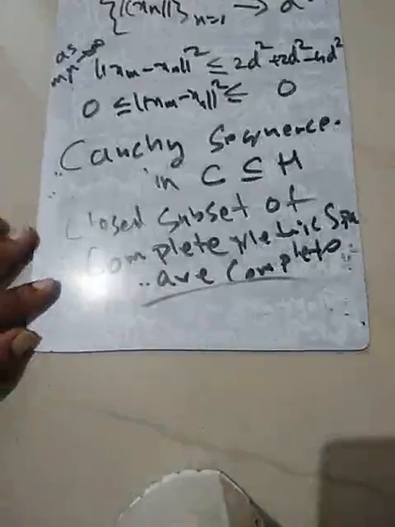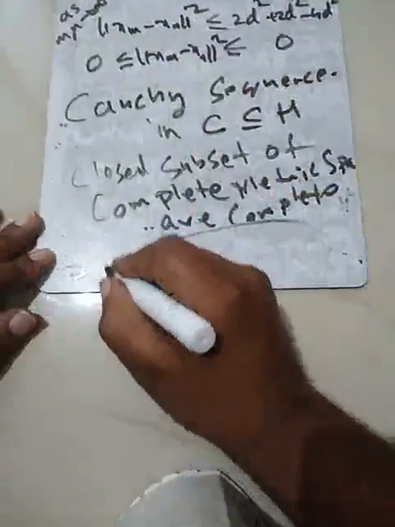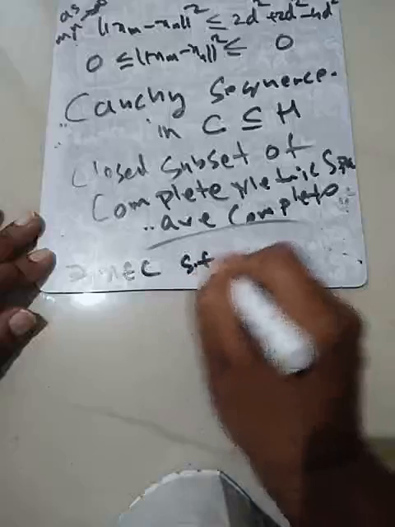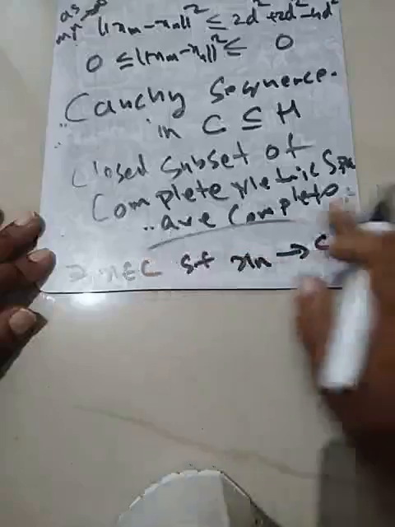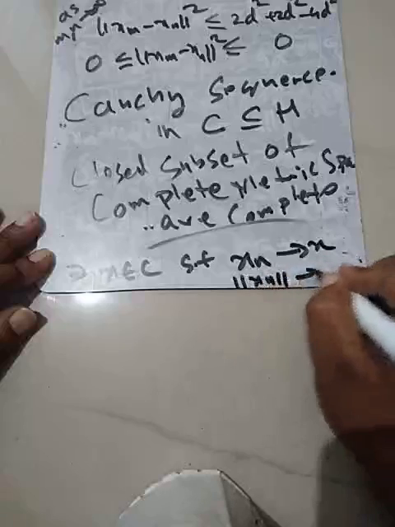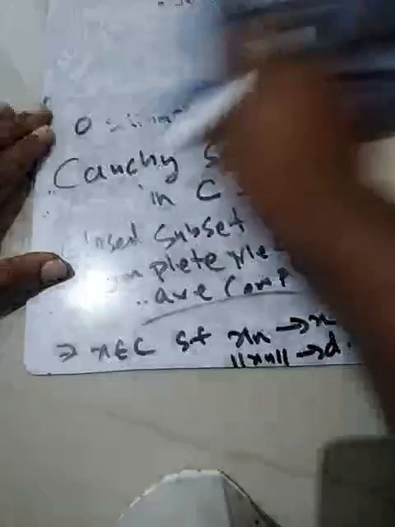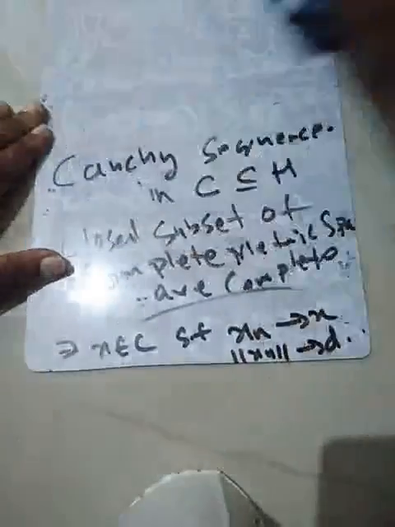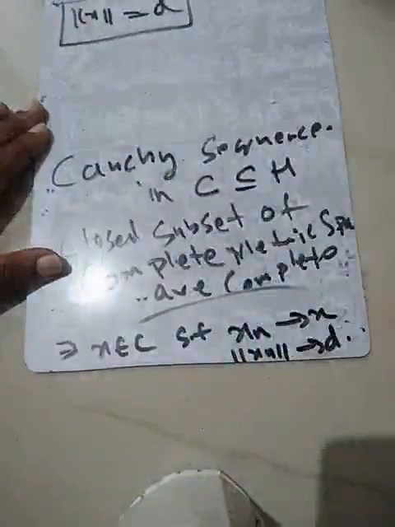So C itself is a complete space, and it's a Cauchy sequence in C. So there exists an X belonging to C such that this sequence Xn converges to X, and we have already seen that norm of Xn is converging to D. So one can easily see that norm of X is equal to D, because norm Xn converges to D.